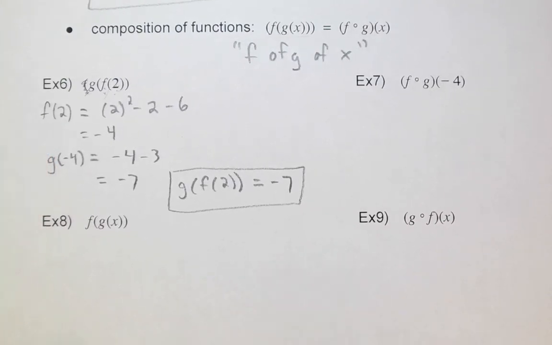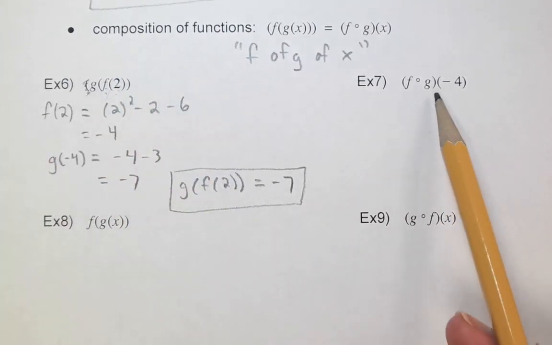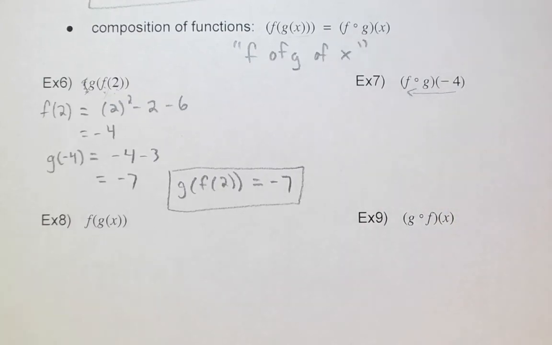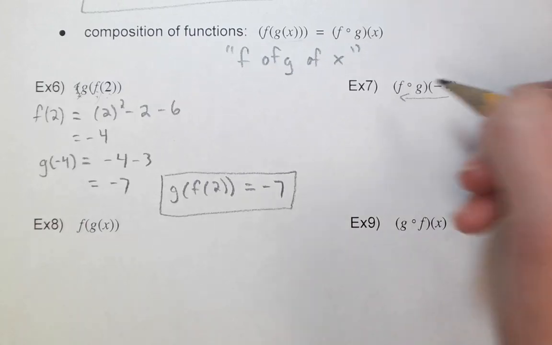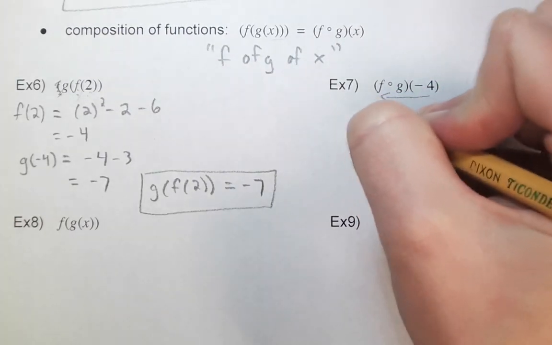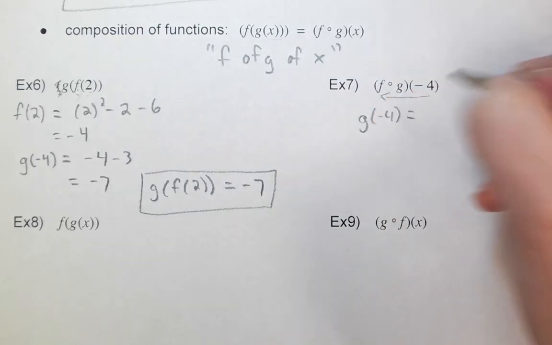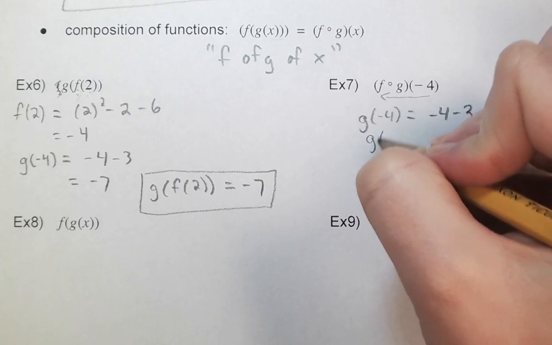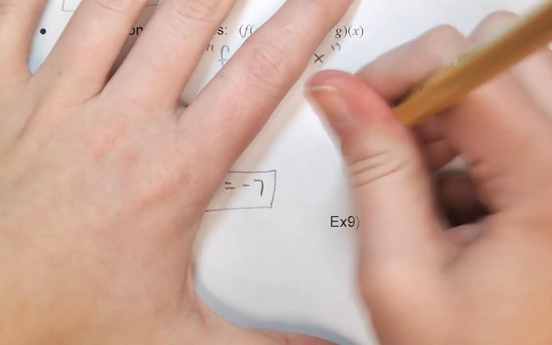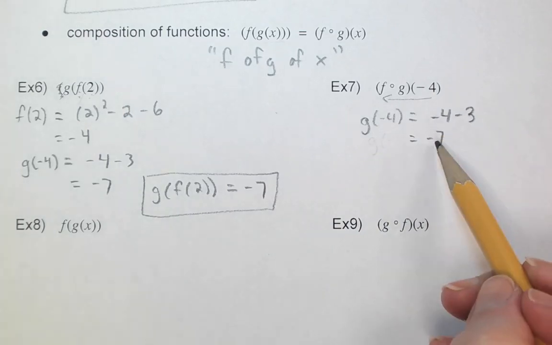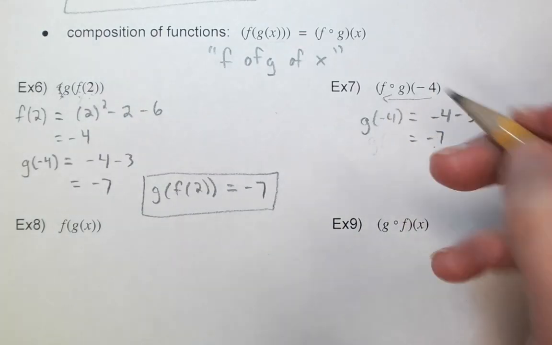Okay, so this is the one format. This is the other format of how you're going to see it. And again, you work kind of backwards from this. So I'm starting with the -4, and I'm going to substitute that into g first. So g of -4 means -4 minus 3. So that's -7. And then I'm going to take that answer and substitute it into the f.